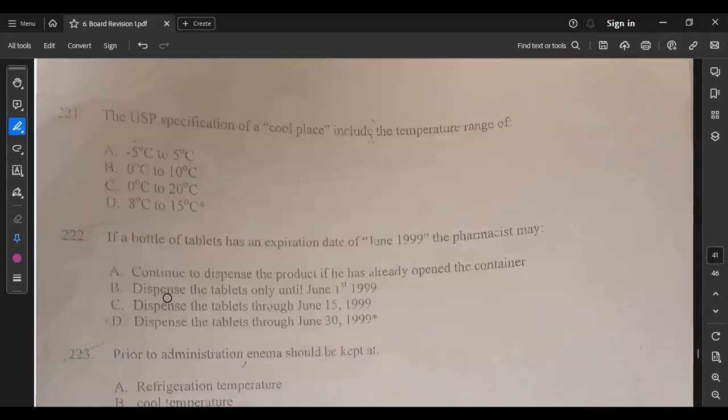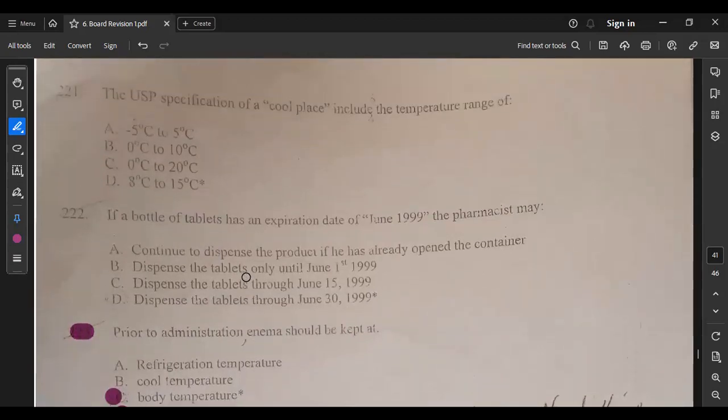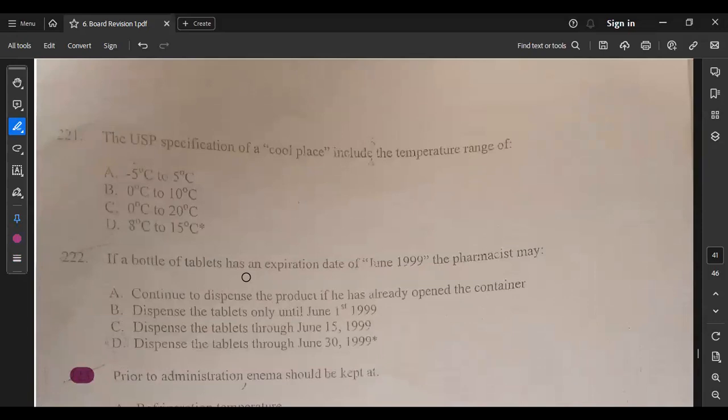Correct question 223 is body temperature. Then question 222. If a bottle of tablets has an expiration date of June 1999, the pharmacist may dispense the tablets through June 30th, 1999.